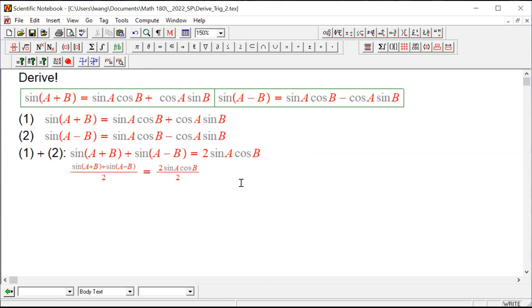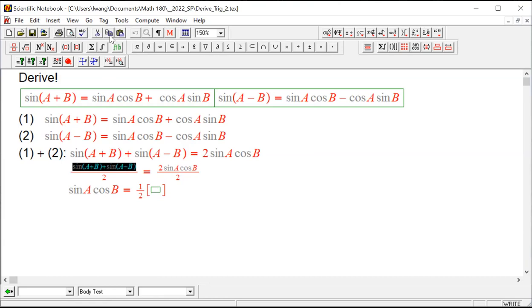We divide both sides by 2. As a result, the 2 and 2 reduce. So we have sine A multiplied by cosine B equals 1/2. I transform the divided by 2 into 1/2.